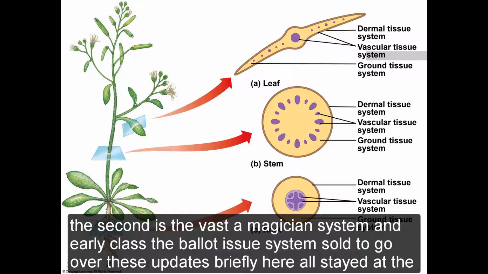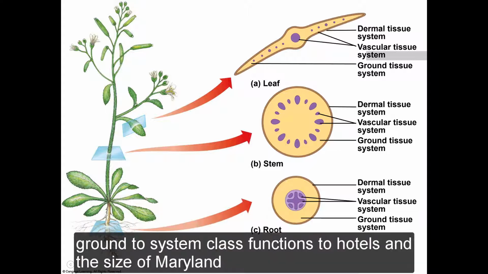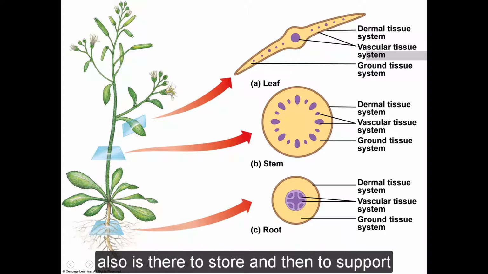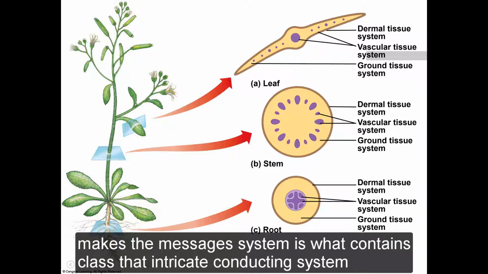So to go over these a bit briefly here, I'll state that the ground tissue system, class, functions to photosynthesize, primarily. Also, it's there to store and then to support. Next, the vascular tissue system is what contains, class, that intricate conducting system.